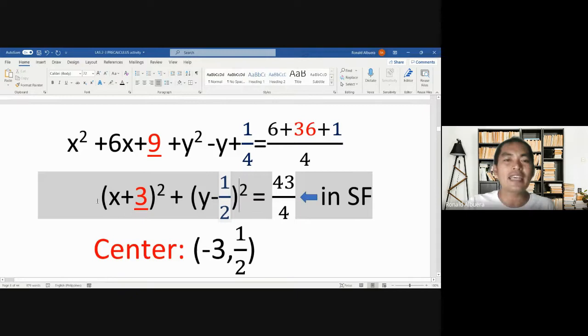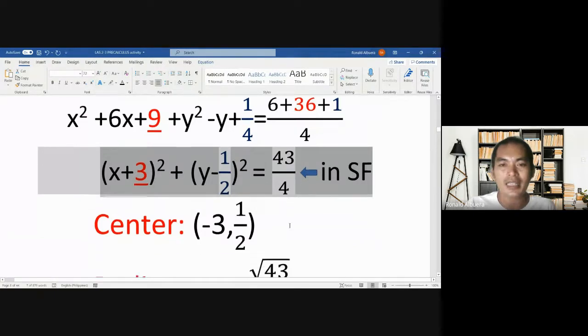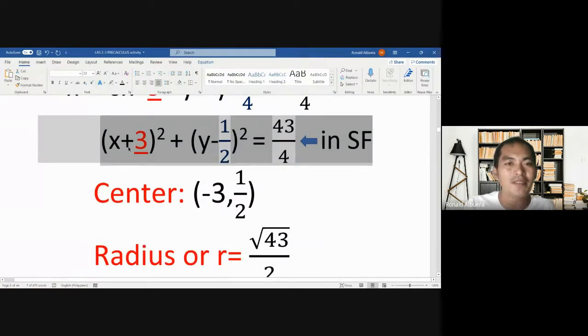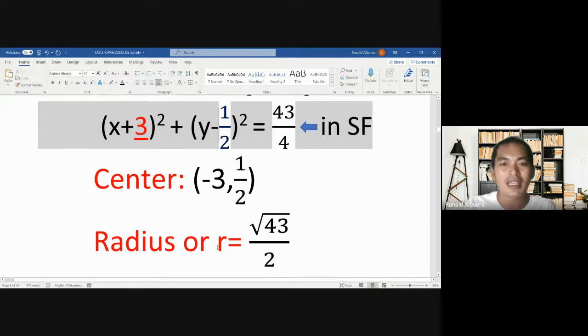And this became the standard form of the equation of the circle. Square of x plus 3 plus square of y minus 1/2 equals 43 over 4. And the center, we have the x coordinate, negative 3, opposite of positive 3, and positive 1/2, opposite of negative 1/2. How about the radius?